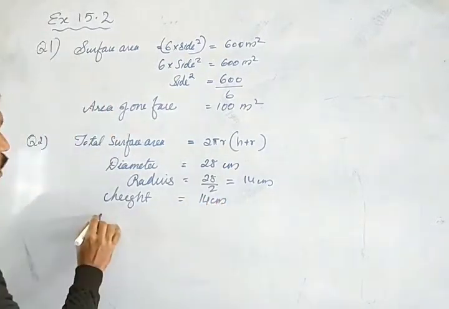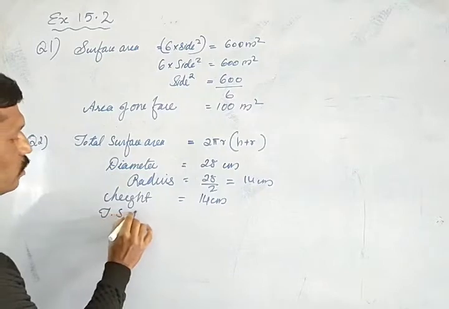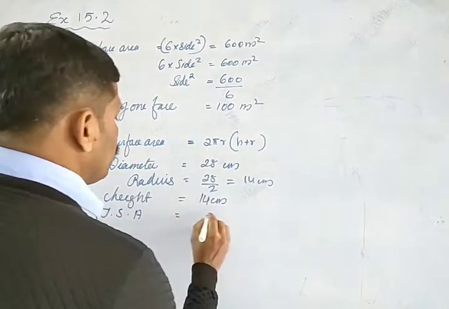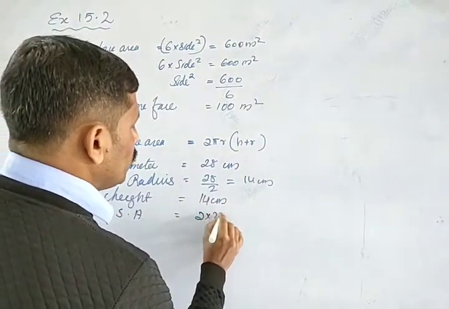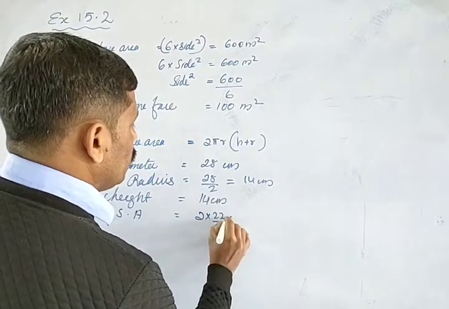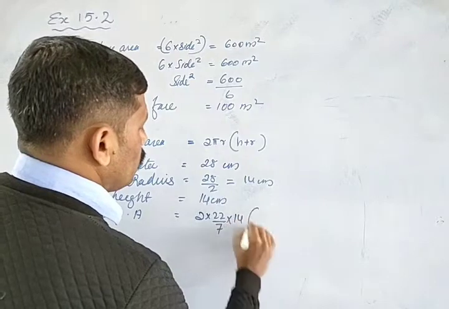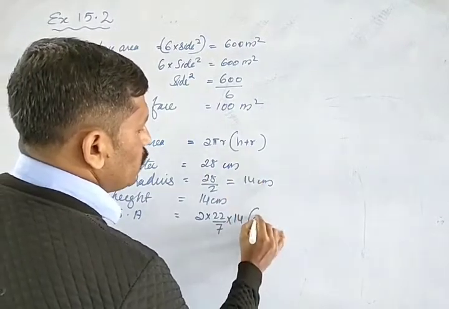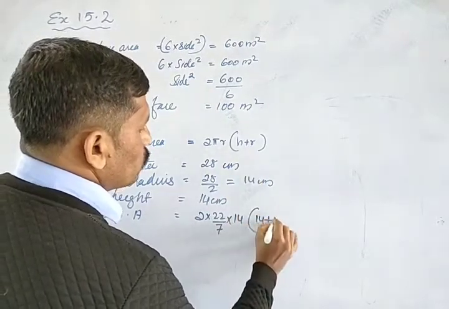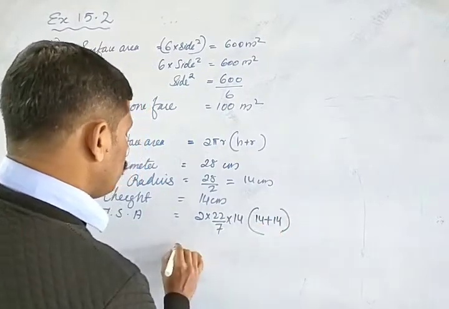Therefore total surface area, TSA, of that cylinder is equal to 2 into 22 by 7 into radius 14, into h plus r, height 14 and radius 14.